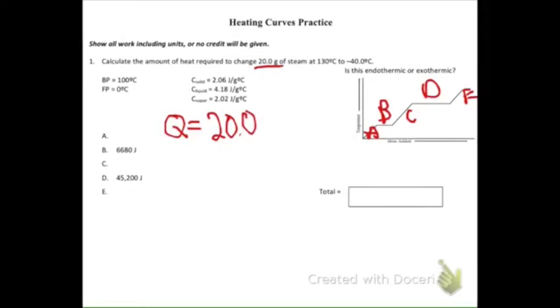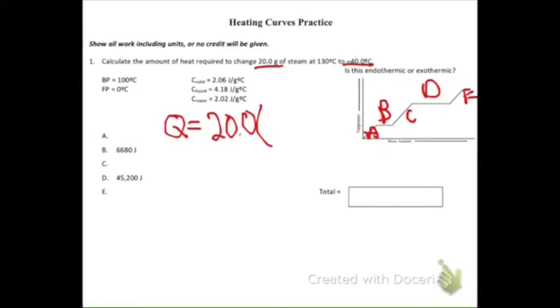Now, in this particular area, what state of matter are we in? We're frozen, so it's a solid. It would stop being solid at 0 degrees; it would melt when you hit 0 degrees. So we are starting at negative 40 to 0. That's 40.